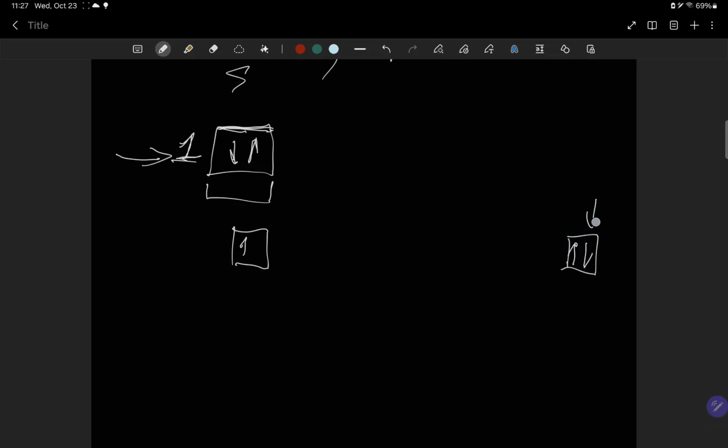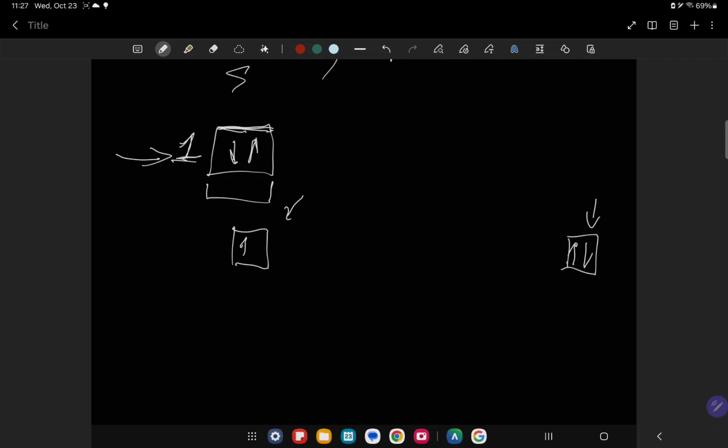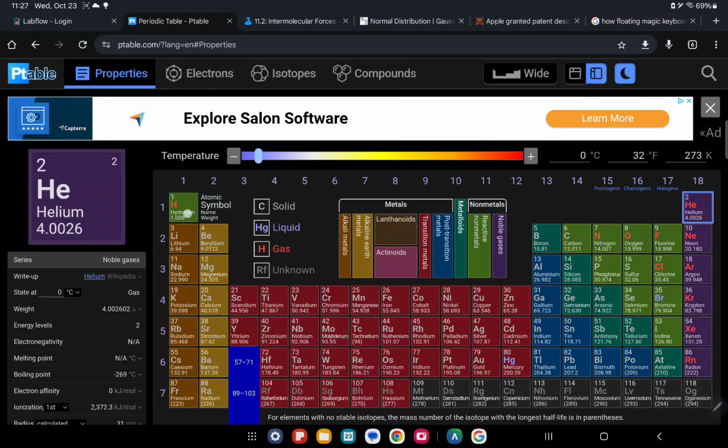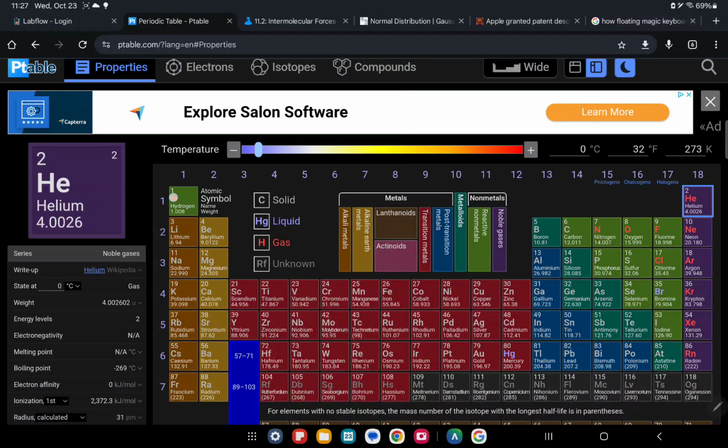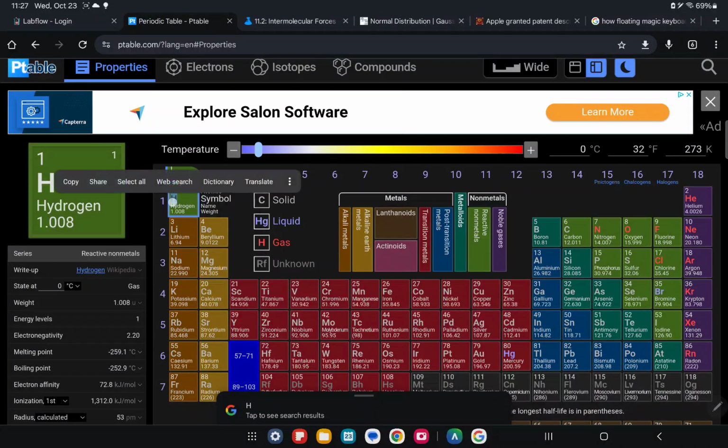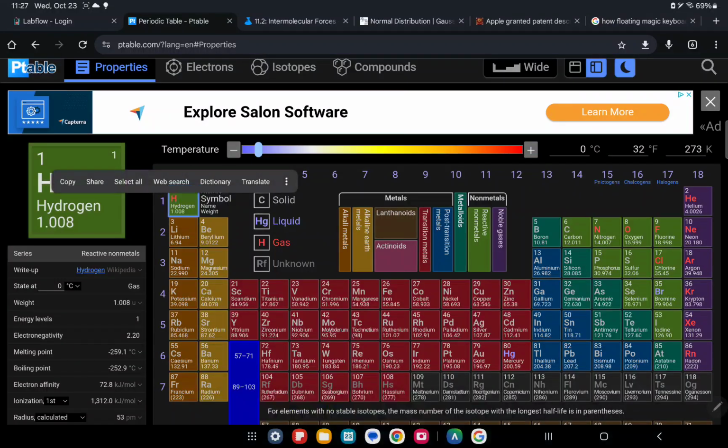Why does helium, because each, so hydrogen has how many protons? Can I look at the periodic table? Yeah, well, of course. So I can pull it back up. Hydrogen, looking at its atomic number 1, it's just 1 proton. Yep. Helium, 2 protons, so therefore it's going to have 2 electrons.